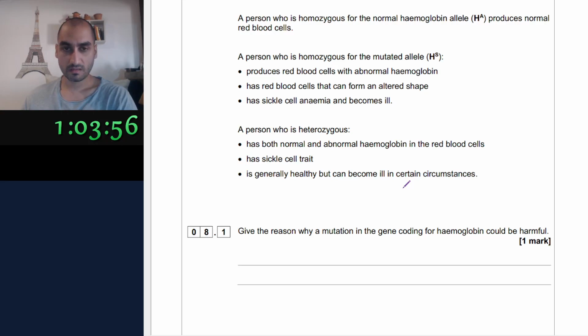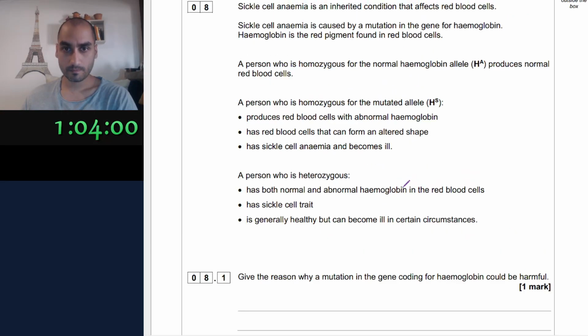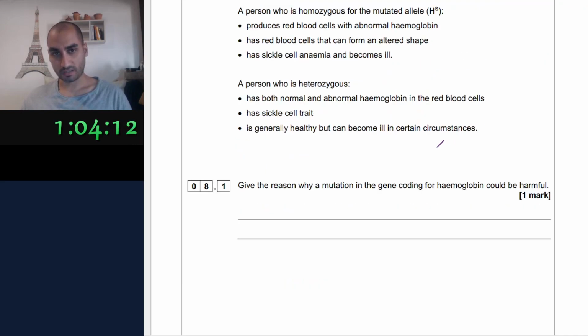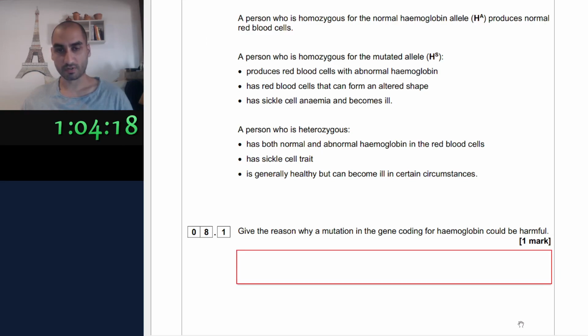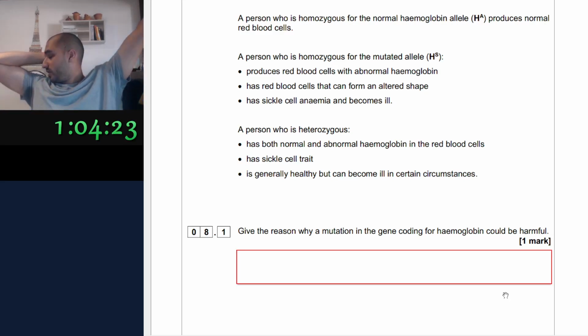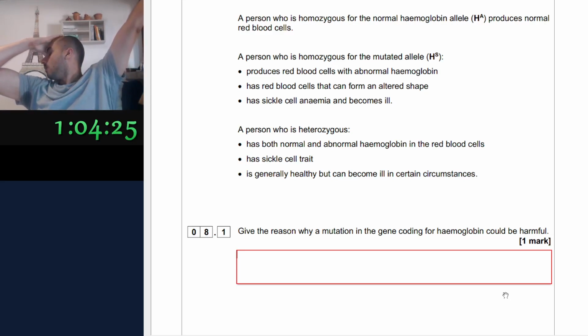Because, it says altered shape. Okay. Maybe we have to explain why altered shape is a problem. Why would altered shape matter?